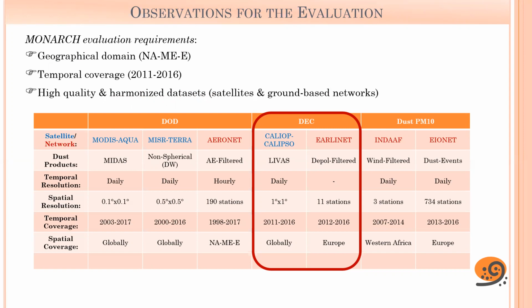Today, we present the evaluation of dust extinction coefficient profiles produced by Monarch reanalysis compared against LiDAR measurements provided by EARLINET and LIVAS's Pure Dust database, exploiting LiDAR's capability to provide dust extinction profiles.